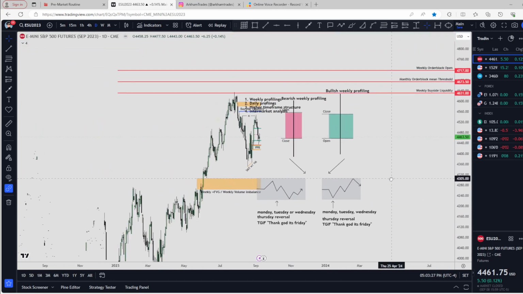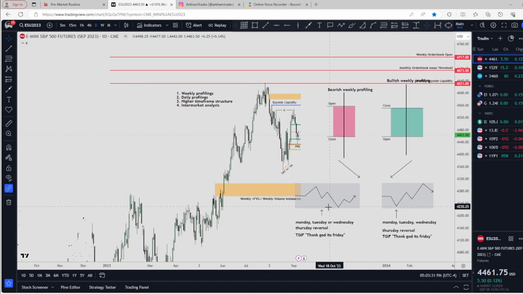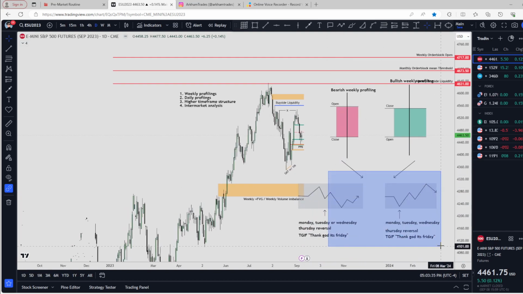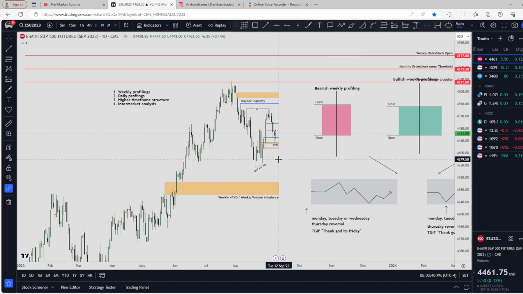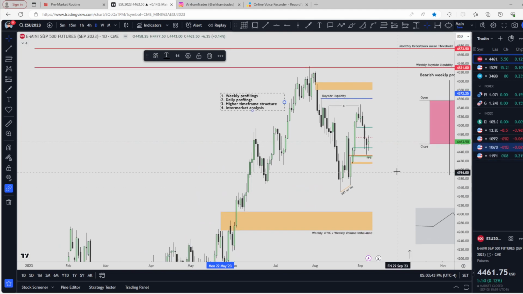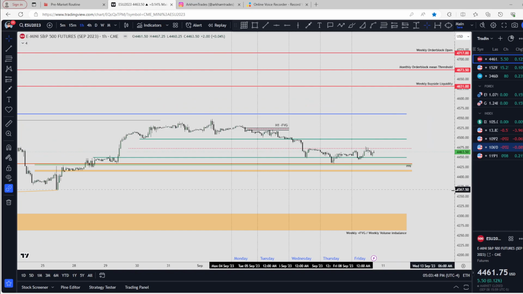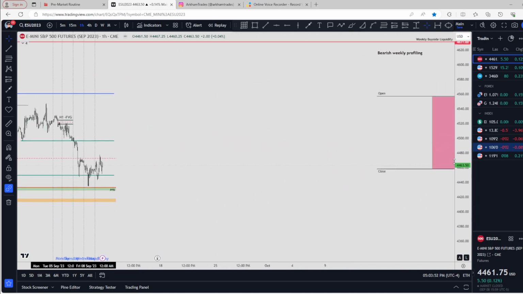Next, we have higher time frame structure. So coming into the market here, let's go on the H1. Remember the weekly profilings I mentioned?